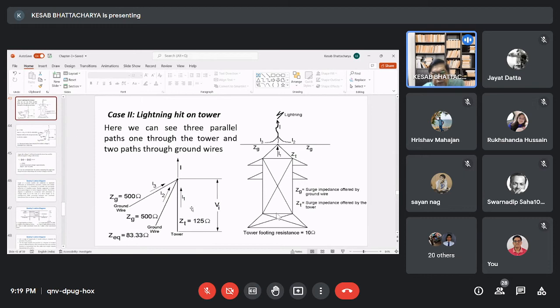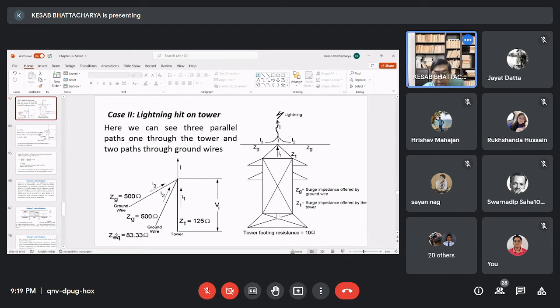We again assume the tower footing resistance to be 10 ohm, the surge impedance offered by each ground wire to be 500 ohms, and Z equivalent we will find out. The surge impedance of the tower body is 125 ohm.